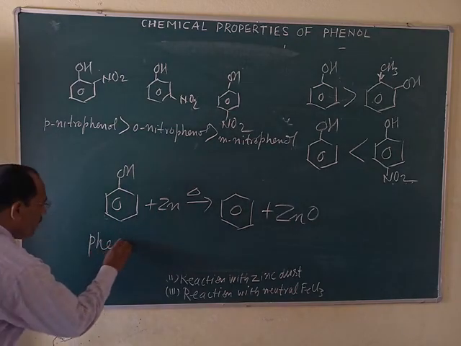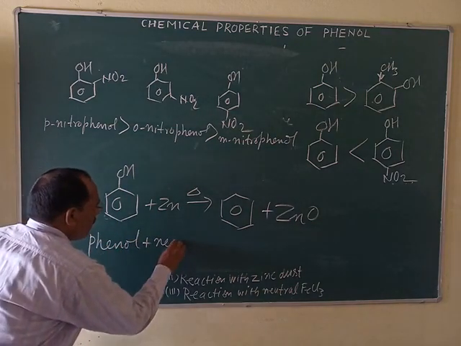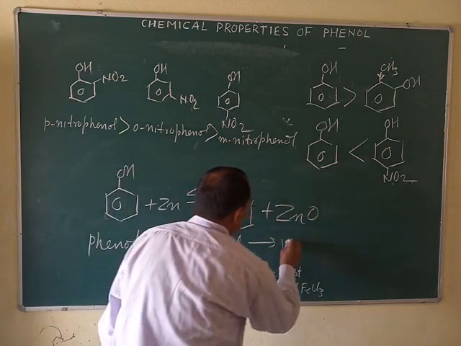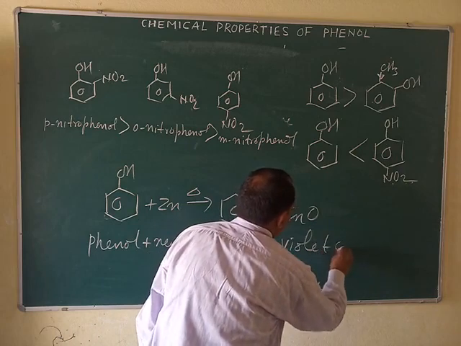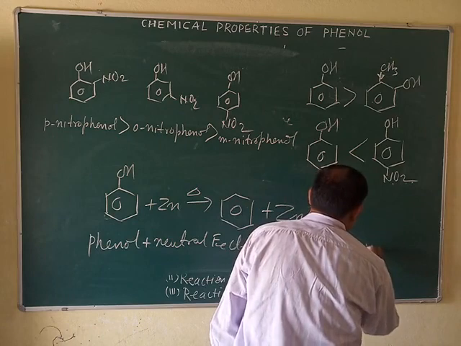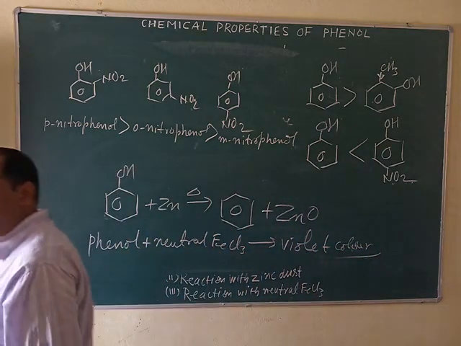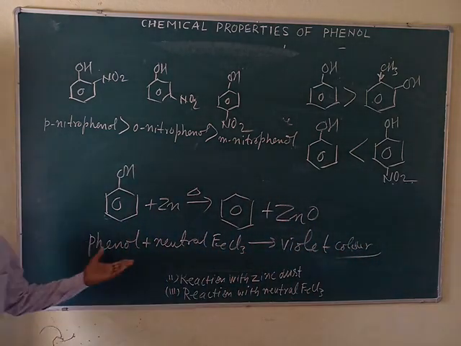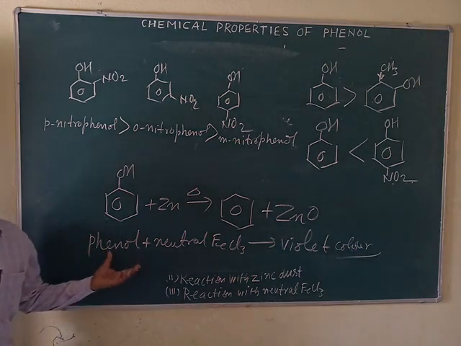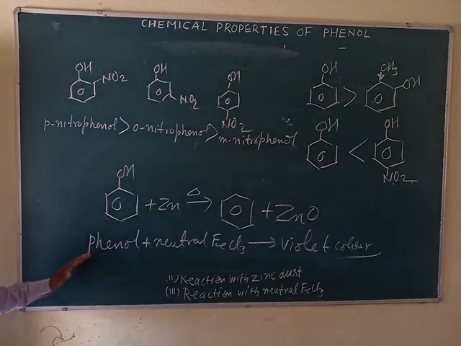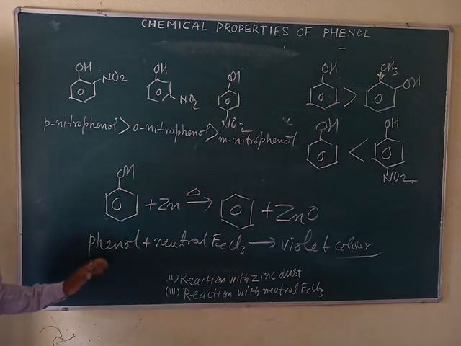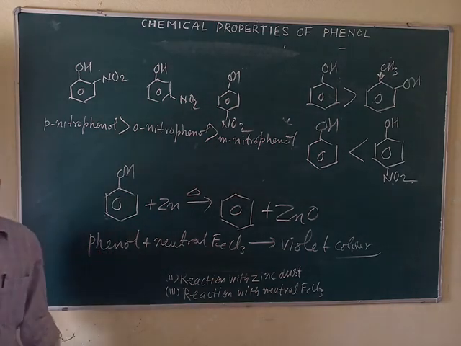Alcohols do not. By this test, we can distinguish between alcohol and phenol. And this is a very important test for the phenolic group. Presence of the phenolic group can be tested with the help of this test.